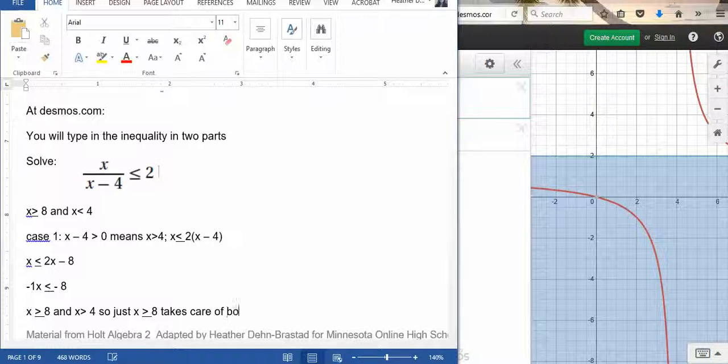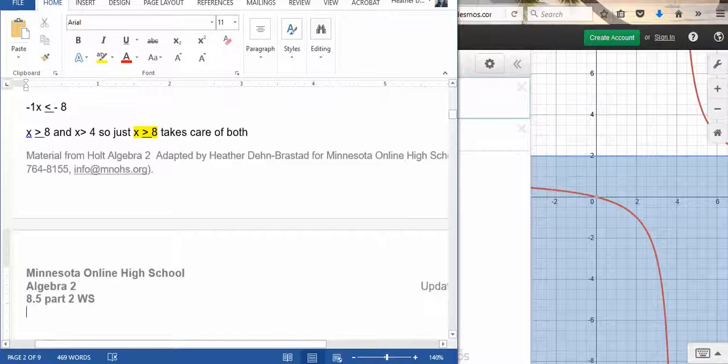So far for case 1, I've got x greater than or equal to 8. That's the solution that I have so far. But remember, there's another case, and the other case is if x minus 4 is less than 0. So case 2 is when x minus 4 is less than 0.